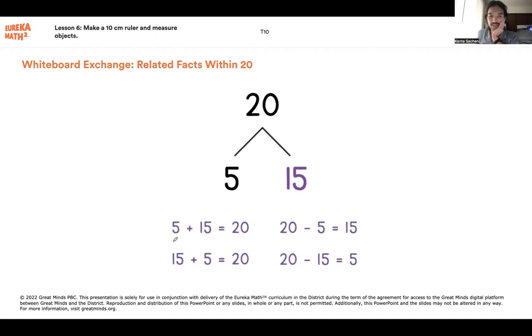So we all say 5 plus 15 equals 20. 20 minus 5 equals 15. Down here now, 15 plus 5 equals 20. And 20 minus 15 equals 5.